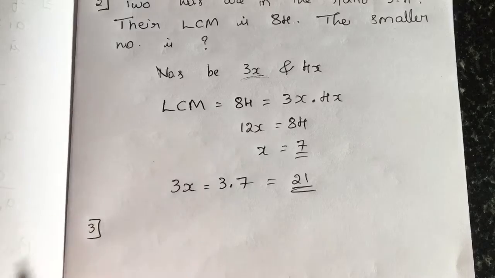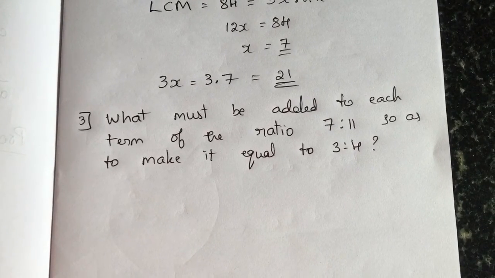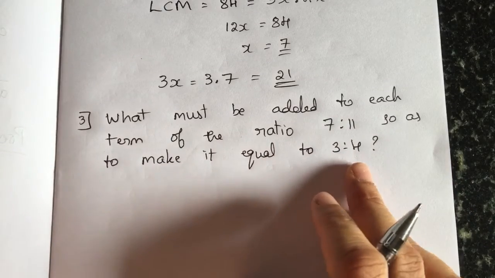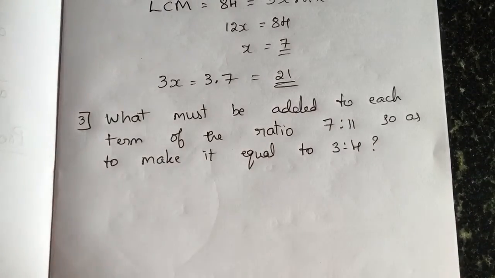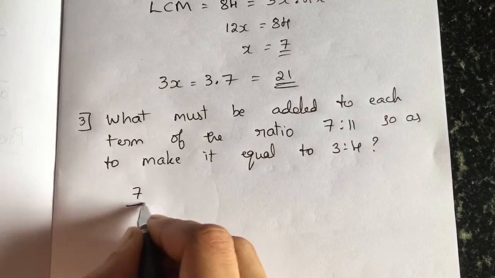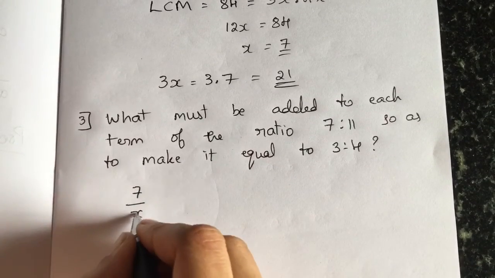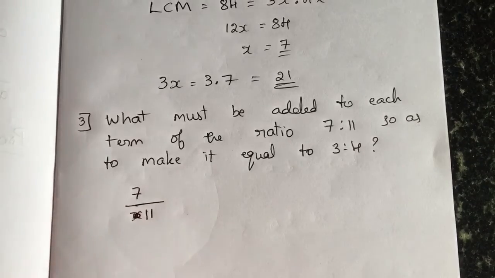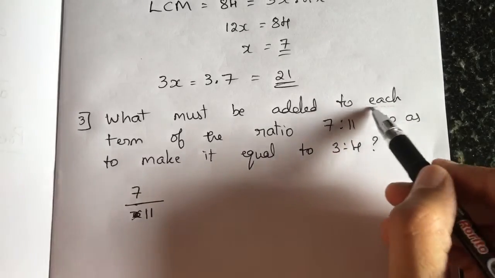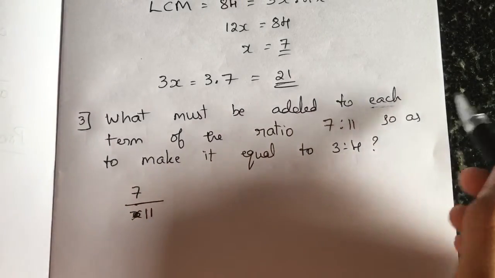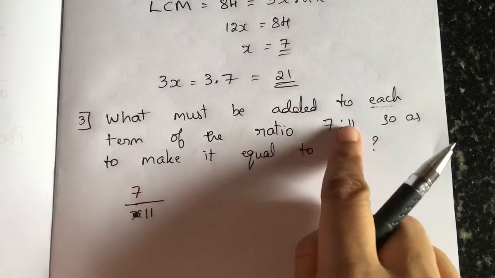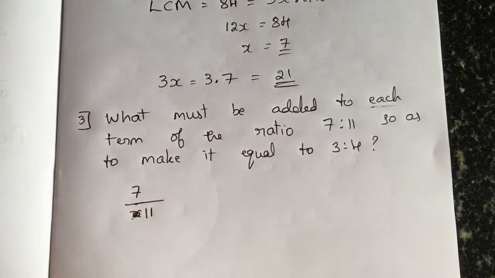Next problem. What must be added to each term of the ratio 7:11 so as to make it equal to 3:4? They have given you the ratio 7:11, right? I need to add something to both numerator and denominator, because it's mentioned what must be added to each term, so that this will be equal to 3:4.